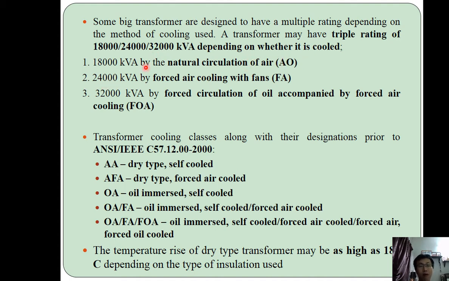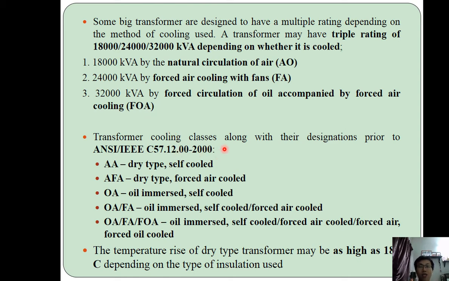So 18 MVA is usually by the natural circulating air. 24 MVA comes with a forced air cooling with a fan, we call FA. Or 32 MVA, we use forced circulating of oil accompanied by forced air cooling, FOA.